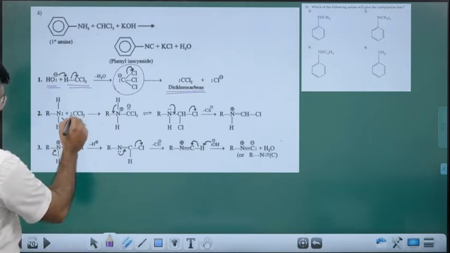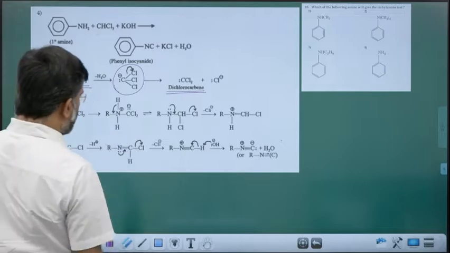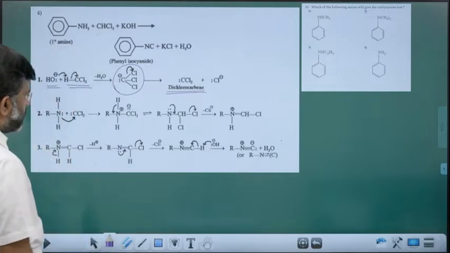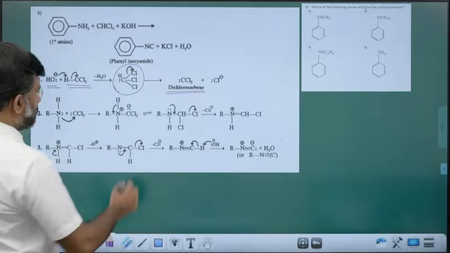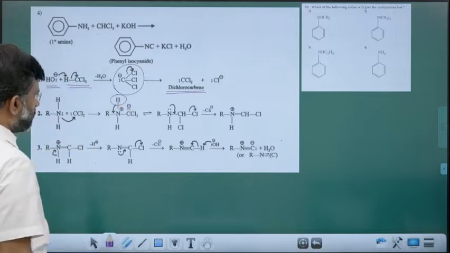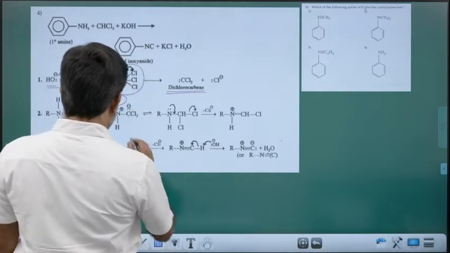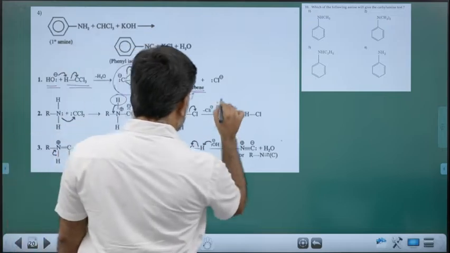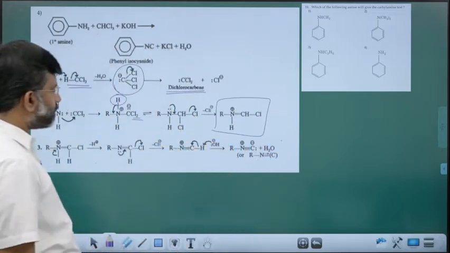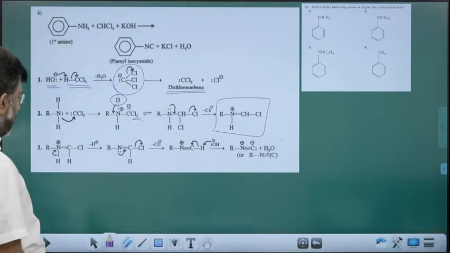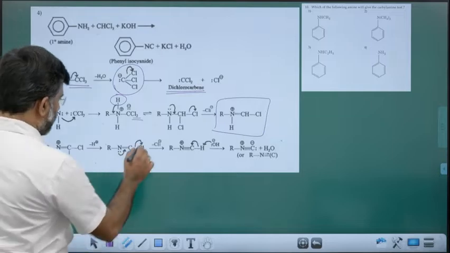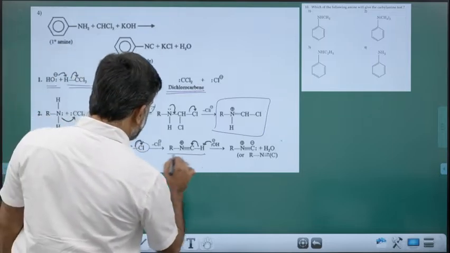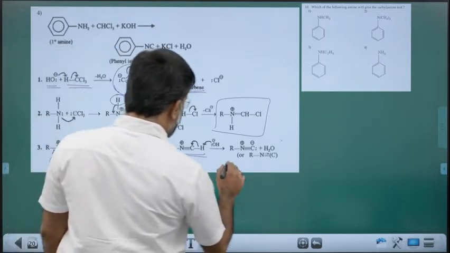This is attacked by nitrogen and you are getting such a molecule. Right? And now what happens? This hydrogen is gone and one of the chlorine gone and you are getting this product. Again, hydrogen goes and chlorine goes. You are getting the final result.